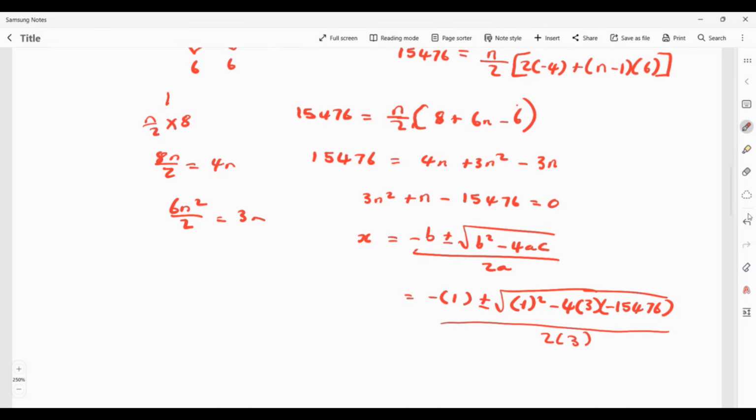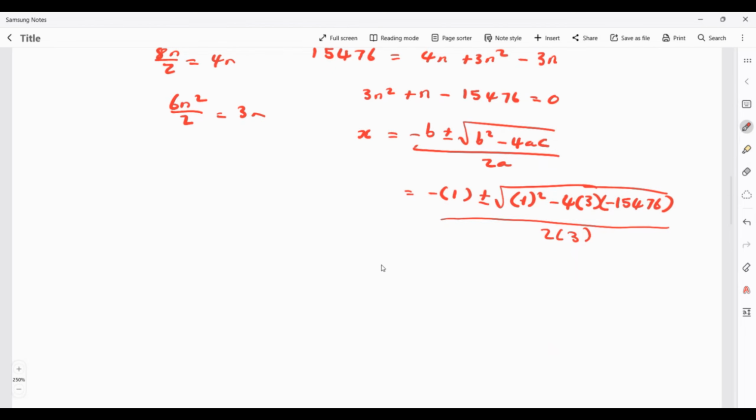Now you can tell them. From there, you can further simplify all you want, but let me just go straight to the values I got for x. The first one I got 71.66, and the second one I got negative 71.99, of which this one fails.